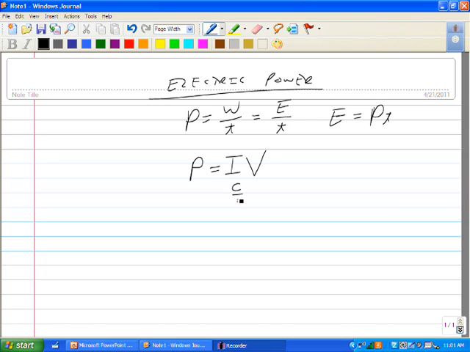And a volt is defined as a joule per coulomb. Okay, that's more for next year anyways. And so the coulombs cancel and I get joules per second, which is power. It's a watt.